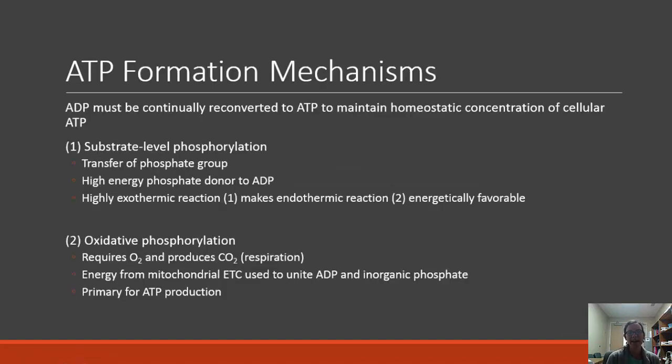Okay, so we can form ATP through two primary mechanisms, okay? The first mechanism is called substrate level phosphorylation, and this is much simpler than it sounds. All we're doing in substrate level phosphorylation is transferring a phosphate group from one molecule onto another molecule.